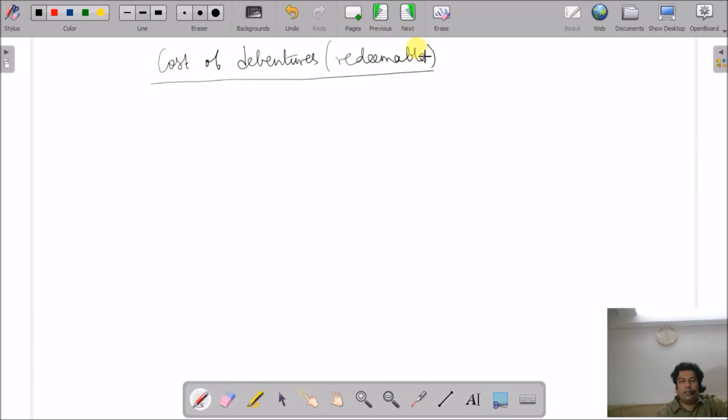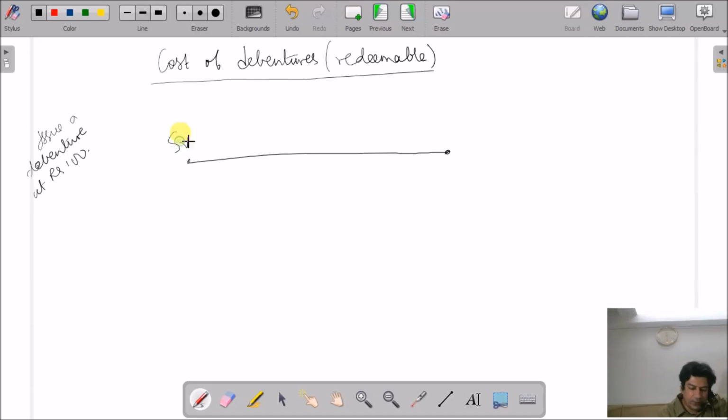So again I am giving you a hypothetical example so that you are able to find the cost. Then we are going to the sum and solving it. Now again the same thing, that if I issue a debenture at rupees 100, so my sale value is 100, then I will redeem the debentures, that is pay back the debentures after 5 years, for rupees 150.